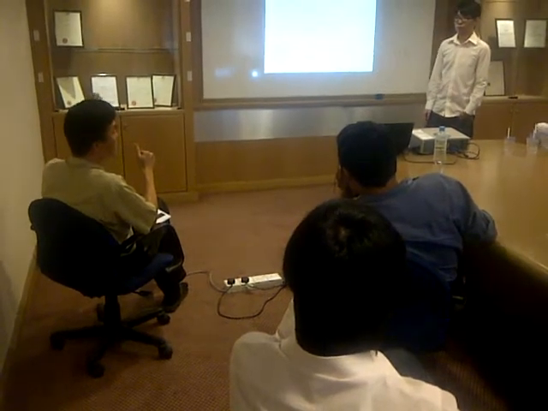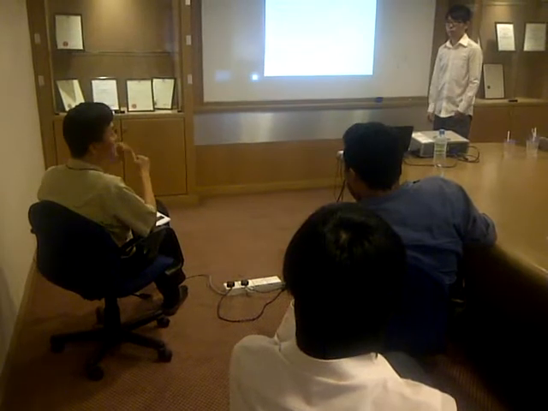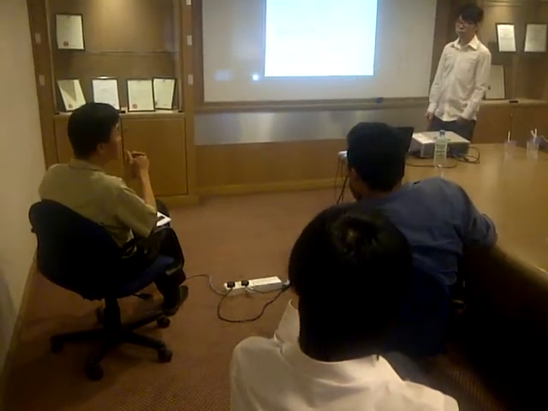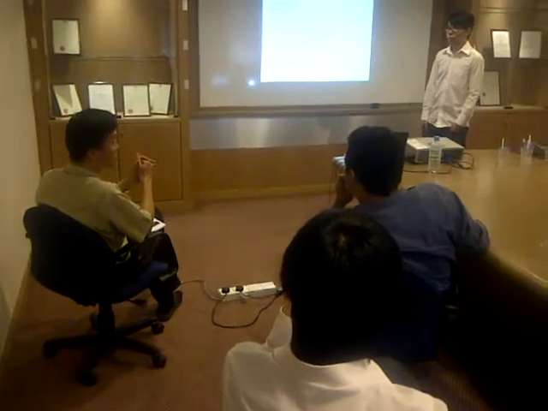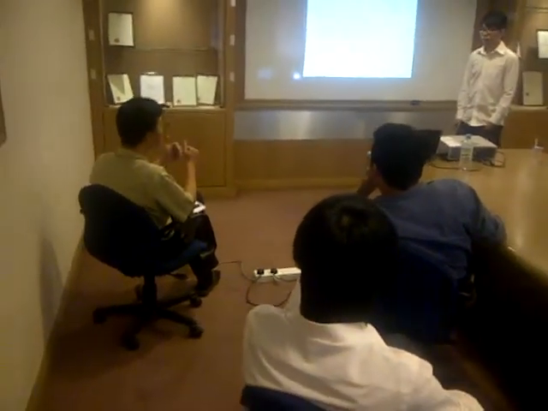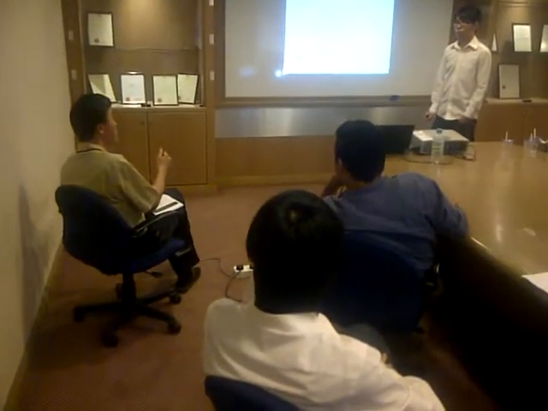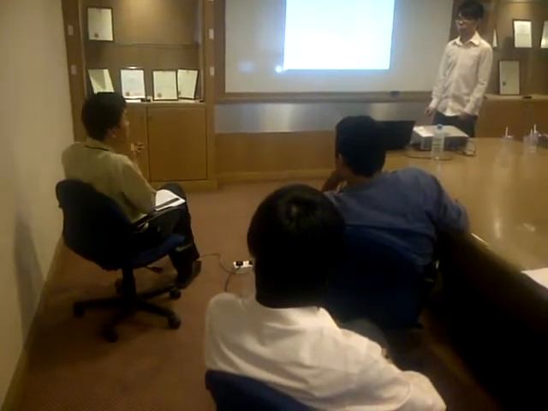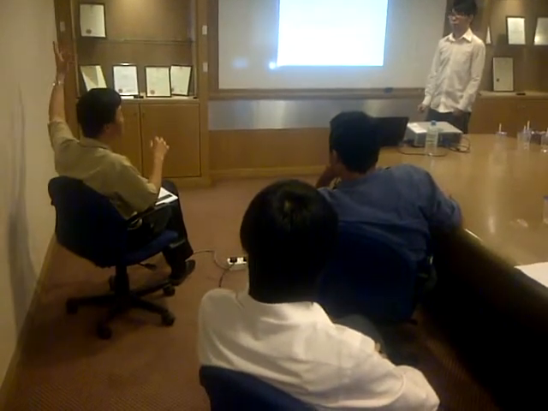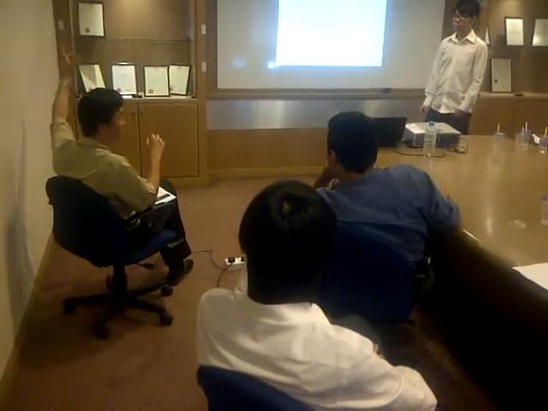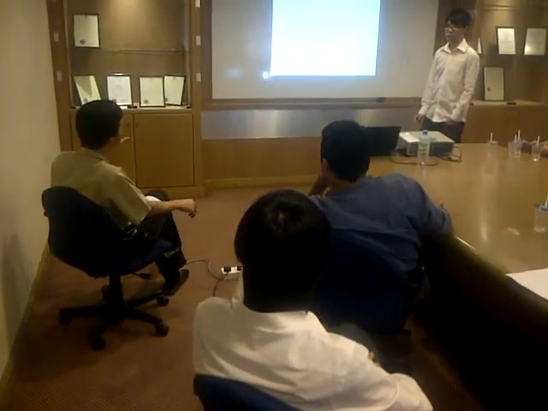Actually the Suruhanjaya Tenaga has set a law: all the switch socket outlets need to be protected by 30 milliamp RCD because it is lower than 50 milliamp. So they make it lower so that when there is any leakage, let's say you plug in a handheld equipment and suddenly it leaks and shocks you, because of the leakage current the RCD trips within an instant, or within a second, then it protects your life. So that's the reason why you need 30 milliamp.